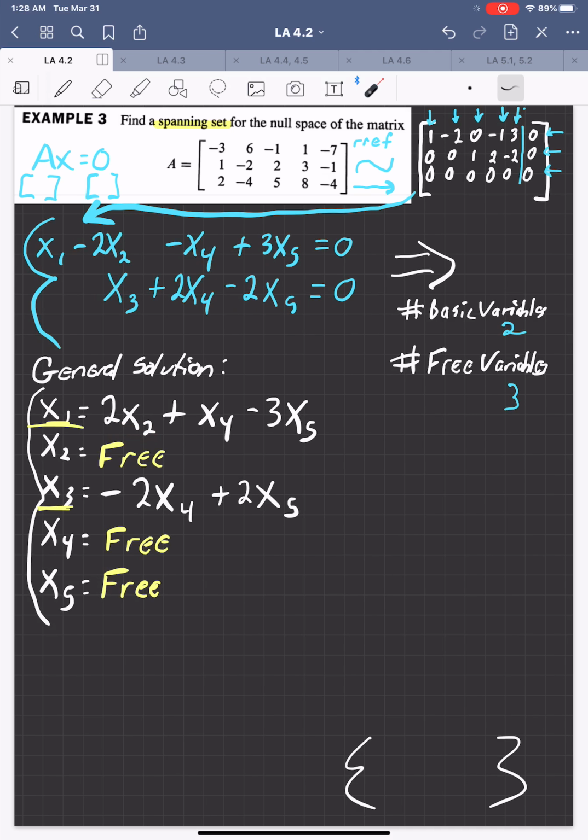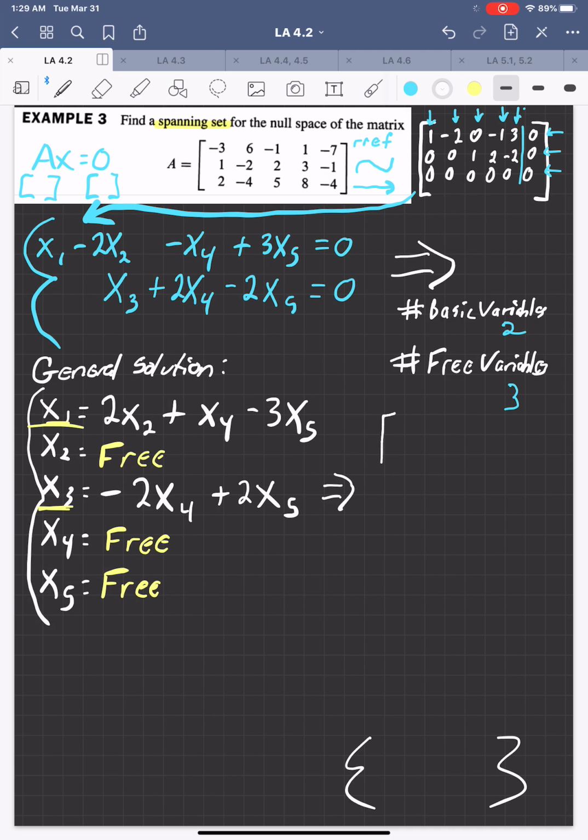All right. So we're still trying to get to the set of vectors. So to go from general solution to the spanning set, let's imagine that sometimes this is helpful if you think of it like this.